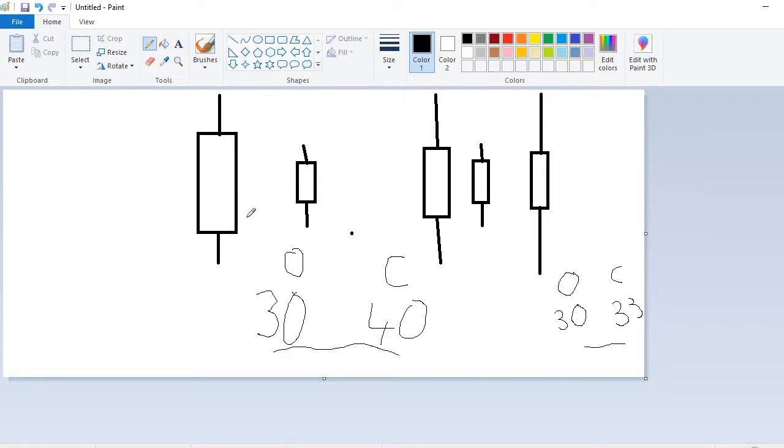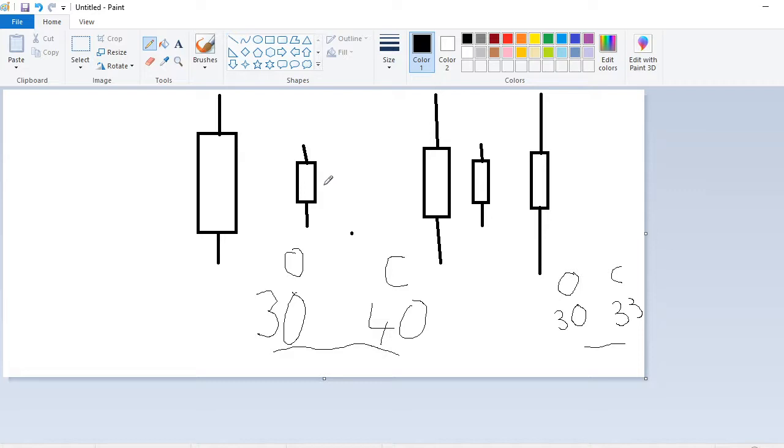Let's suppose the body is small. Of course that may be a green candle, but the buying is not so high. It is a small buying, so you cannot consider it a buying position.